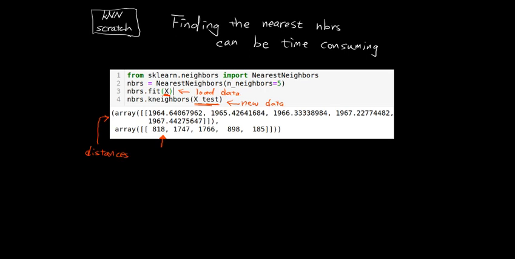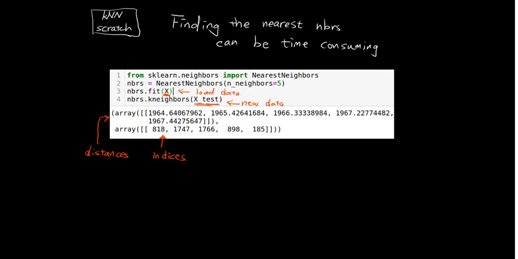These numbers are about the same. They are the 5 minimum distances among all the 1,700 numbers. And these are the corresponding indices. So this is a better way to find the nearest neighbors of 1 point or several points. You can input several points together and get the result.